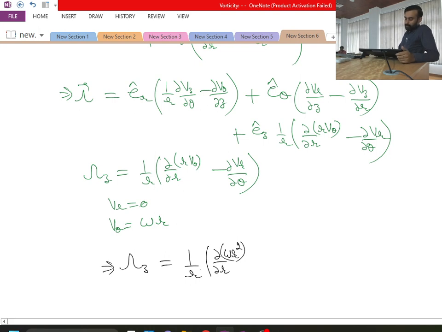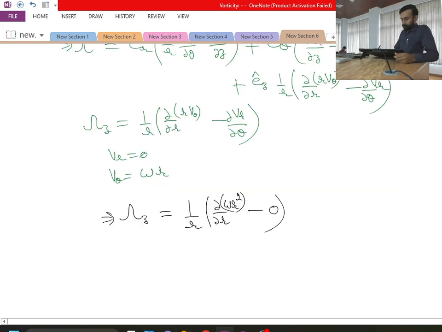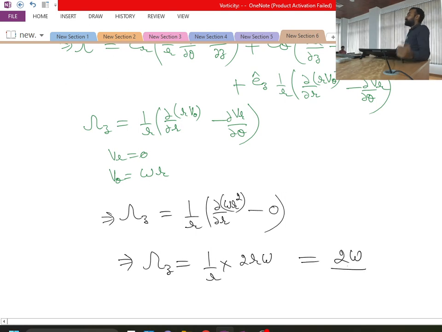Okay, so omega z will be 1 by r del by del r of omega r square minus 0. So from here I will be getting that omega z is nothing but equal to how much? 2r omega over r, so ultimately 2 omega. So for a solid body rotation, we have a positive value of omega. Fine.